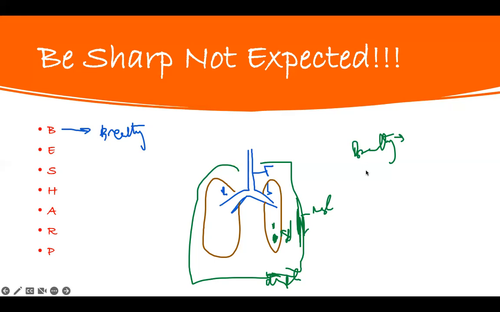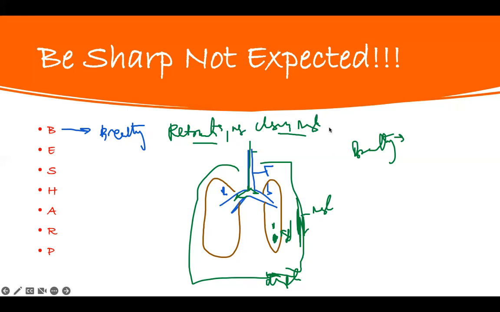For parenchymal disease, inside the lung itself, they will give you words like retraction or use of accessory muscles. That means they're struggling to move air in. Anything related to the tube is airway, not breathing. Those are breathing problems.